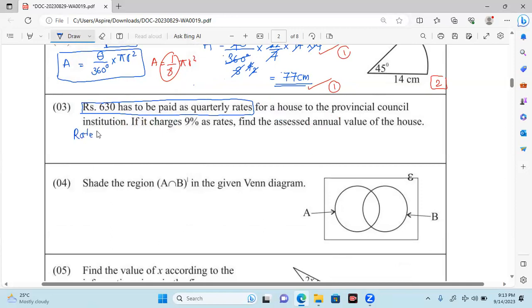Rates for a year. Rates for a year is equal to 630 multiplied by 4.